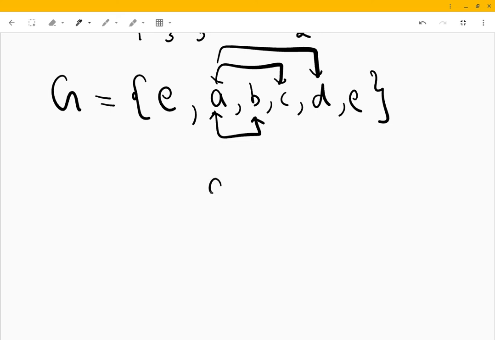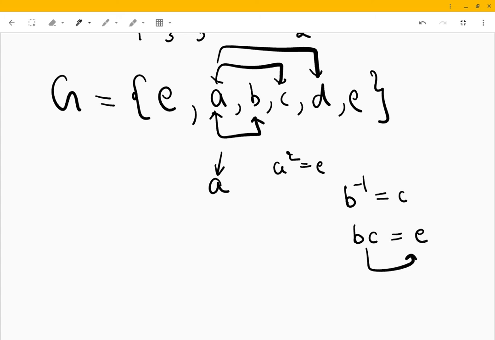Also, an element has an inverse which can be itself. If it is itself, then A square is E, and say B inverse is C. That means B and C will combine to give identity and not a new element.